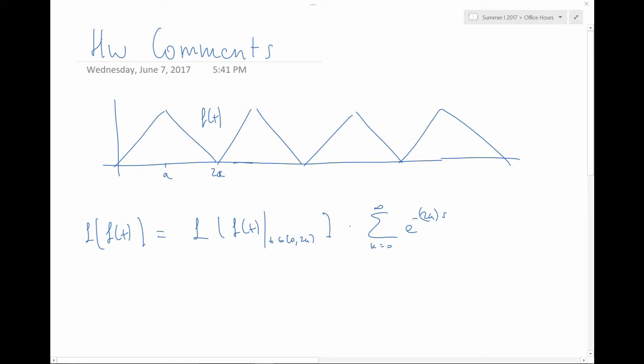Or if you want, we can replace this with the term 1 over 1 minus e to the minus 2as.